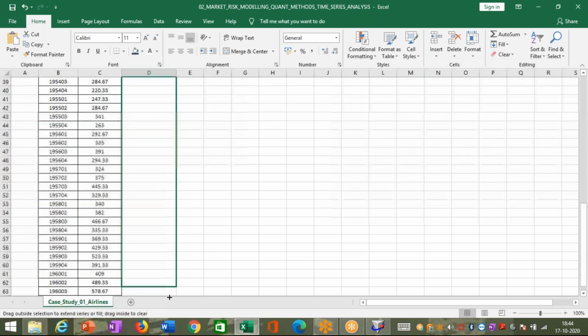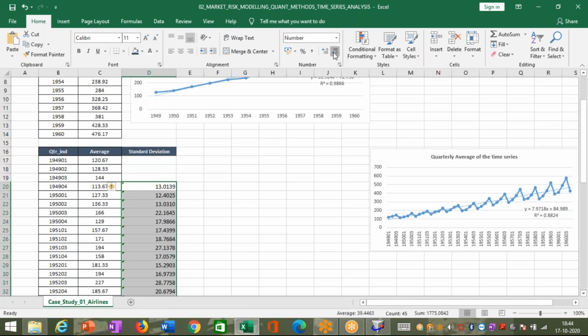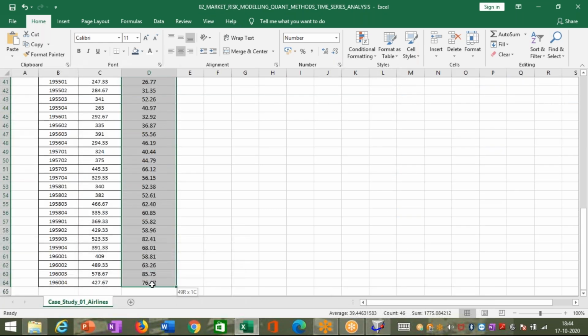The reason I'm taking this on a rolling basis is that every time you are looking into a 1 year period, that window or time frame remains unchanged throughout.